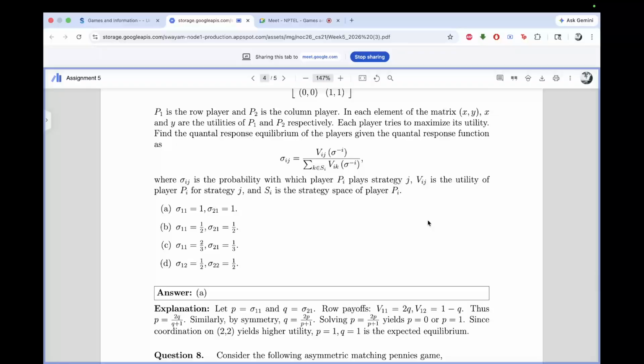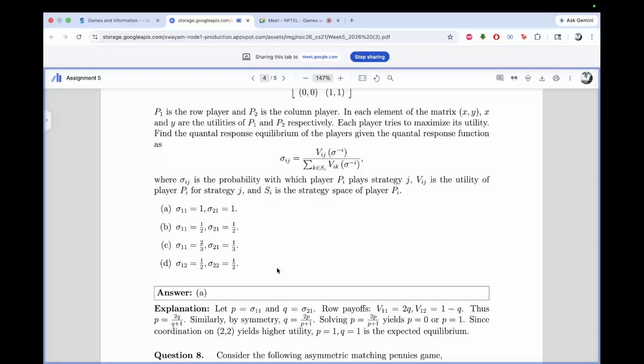If all the other players are playing these quantal response type strategies, and this one player is playing a simple pure strategy, then what are these utility values, or what are the Vij's, and using those you can calculate the sigma ij's.